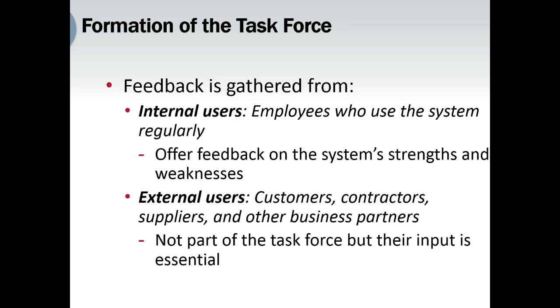For example, if you are developing a payroll system, you need to sit down with a payroll user to understand the strengths and weaknesses of the payroll system. The other important users are external users. They are not employees, but they do use the system as well. They could include customers, contractors, suppliers, and other business partners. So their input is also very important.